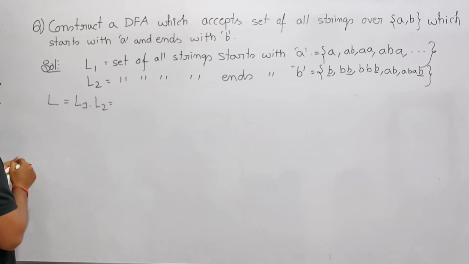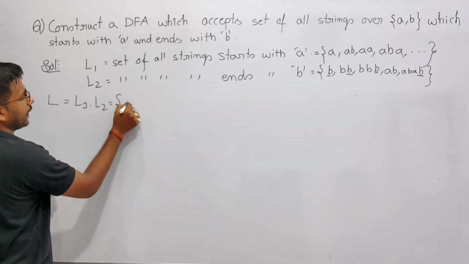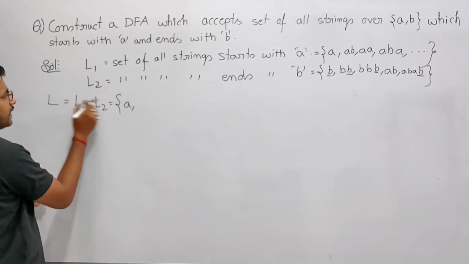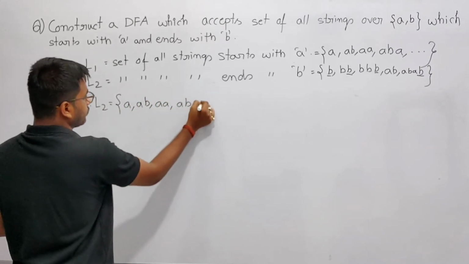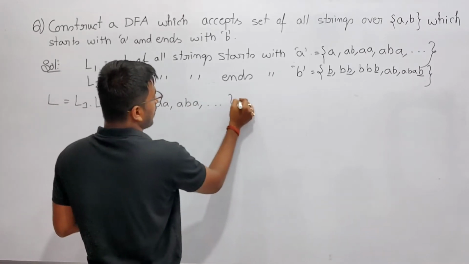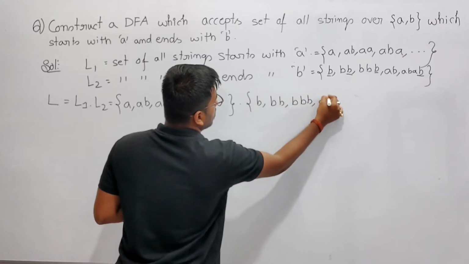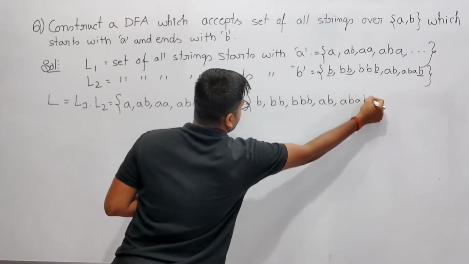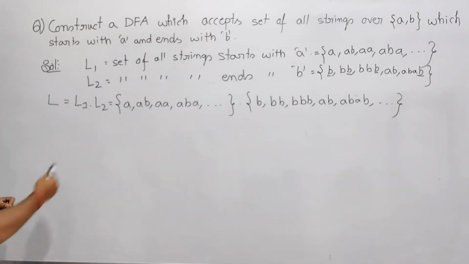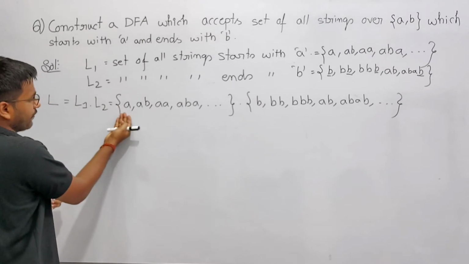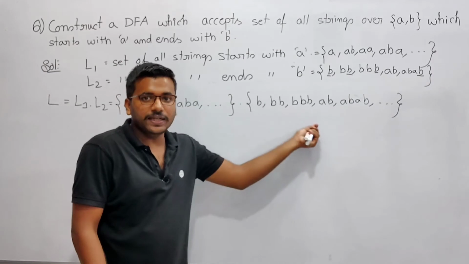First L1 will come, then L2 will come. So how to do the concatenation? You write the strings that are in L1: a, ab, aba. Then in L2 it has b, bb, bbb, ab, like this. In concatenation of two languages, you take every string from the first language L1 and append every string that is present in L2.